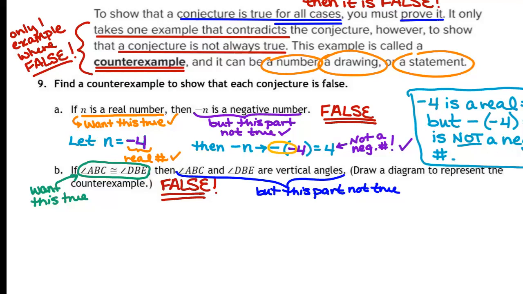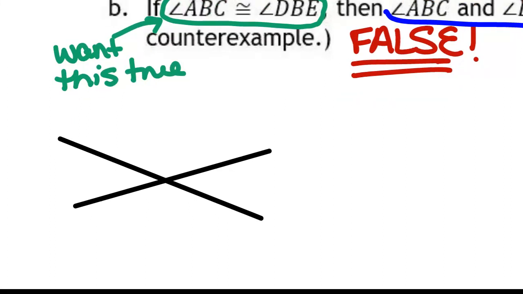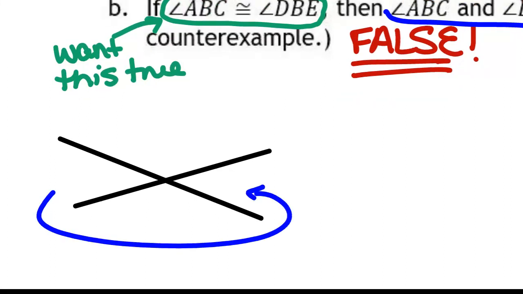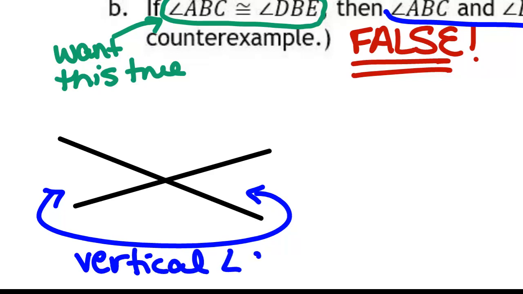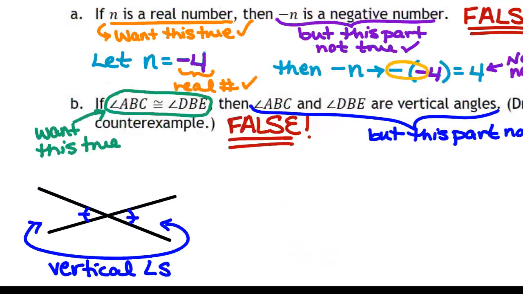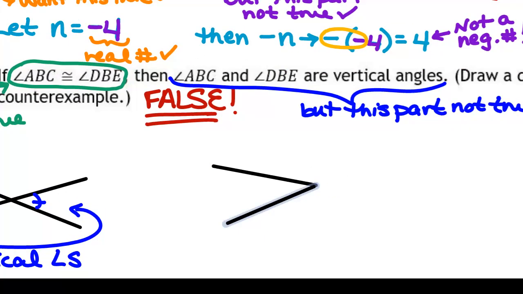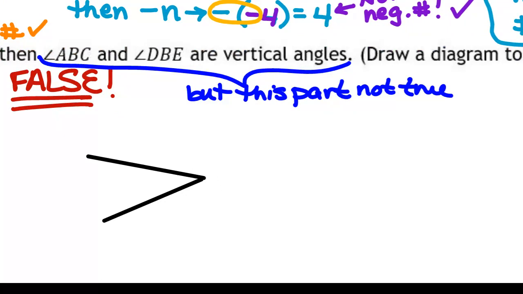What kind of a shape do you have to have for vertical angles? You have to have an X. So if I have something like this, these would be vertical angles. This angle is congruent to this angle. But what about if I had an angle like this? Could I have another angle that looks just like it that it doesn't touch?